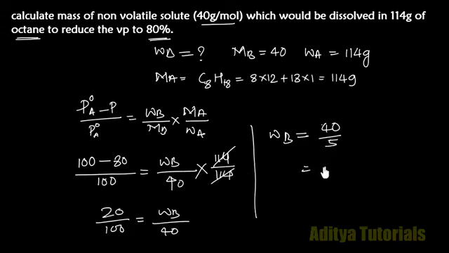So finally we get 8 grams of solute taken. When you add 8 gram of solute to 114 gram of octane, then the vapor pressure reduces to around 80%. Okay students, hope you understood this concept correctly. We'll see one more problem that will be helpful to understand the concept again.